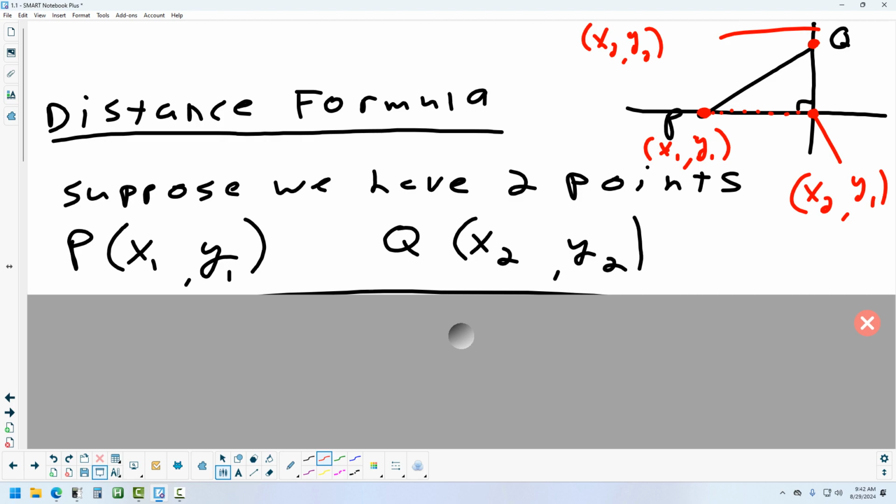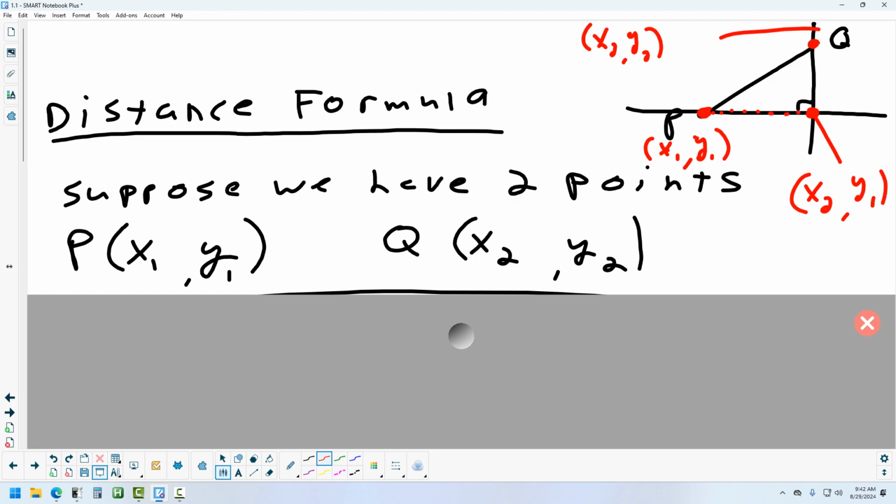So now, how do you find the distance between this point and this point? You don't need the whole coordinate. You only need part of the coordinate for P and part of the coordinate that we just wrote down. What would be the distance from here to there? Yeah, subtract x1 from x2.